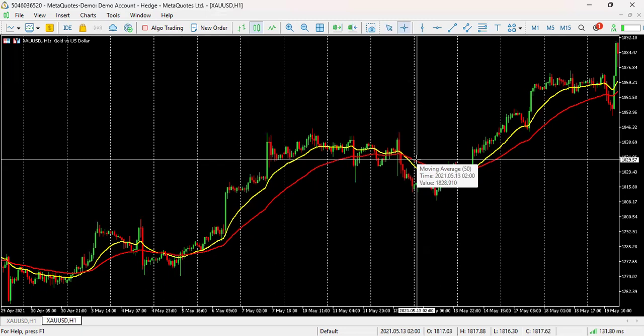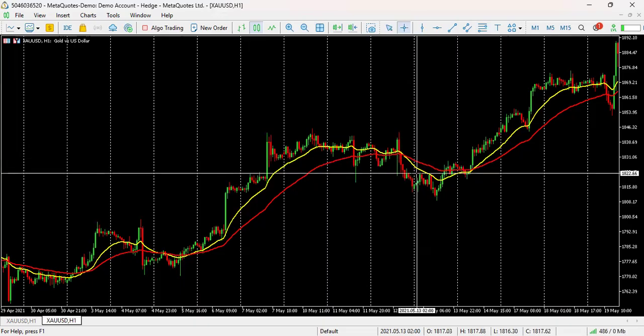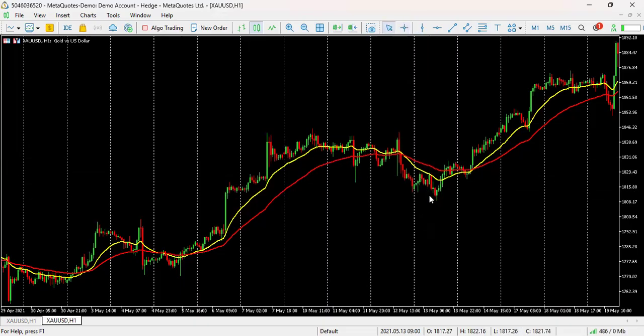So now your capital is 261. You take that 261 divided by 300, and that gives you a lot size of 0.87. You round up to the nearest number, 0.9, and you get 100 pips. That's $90. So now you're at 351.